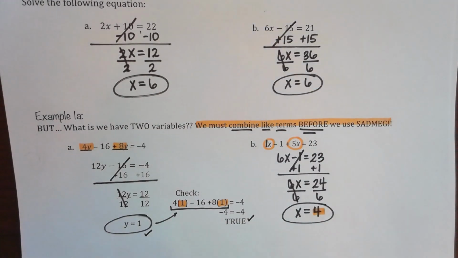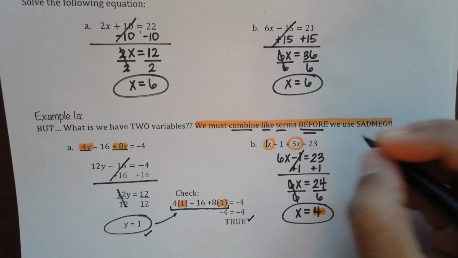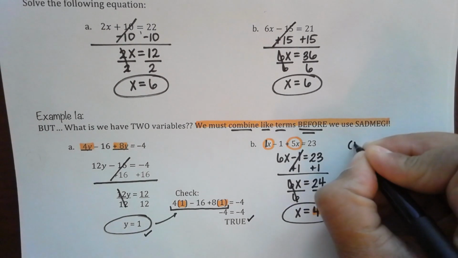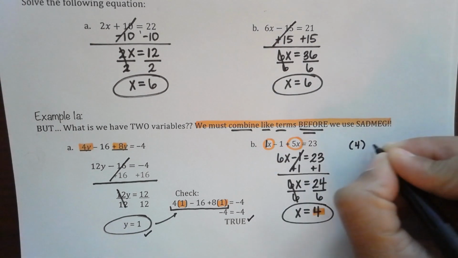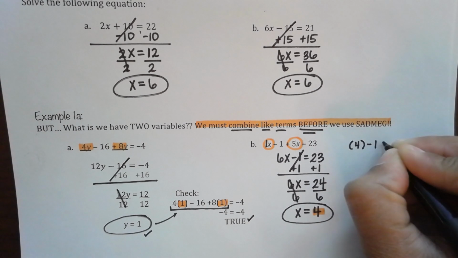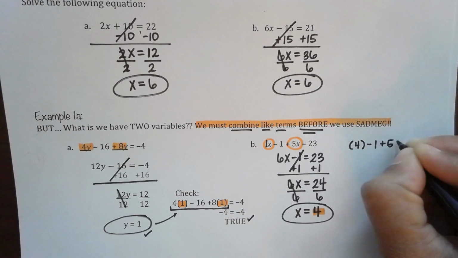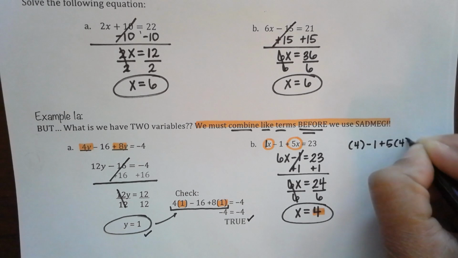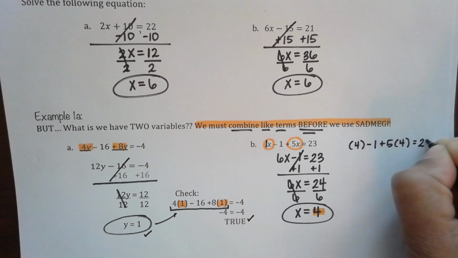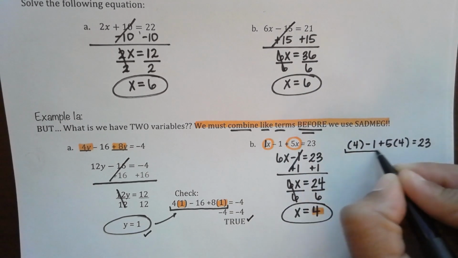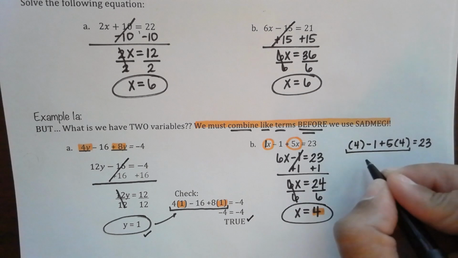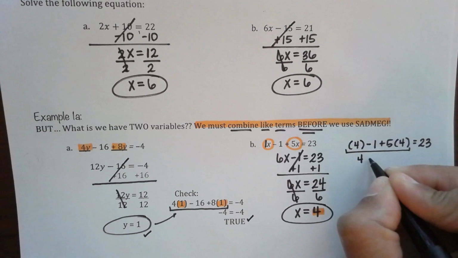An x, right? So, if I were to check this, I'm going to write it out here to the side. I have 4 in the place of that first x, minus 1 plus 5 times 4 equals 23. Type in this piece right here. I'm going to do my work down here below it. That way you can see where it's coming from without the calculator.